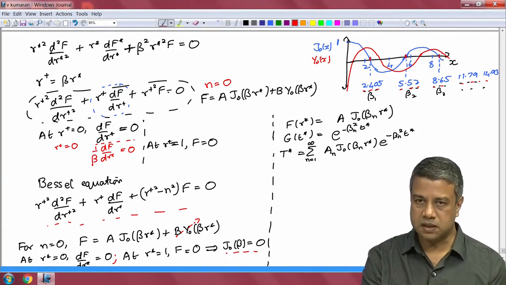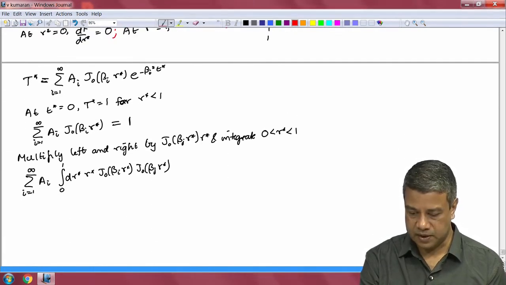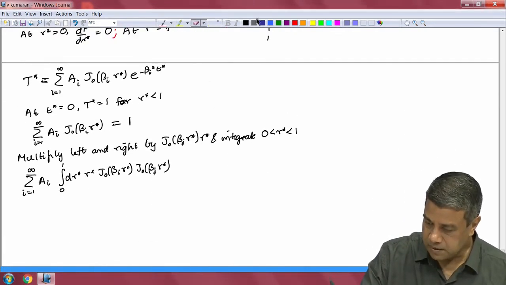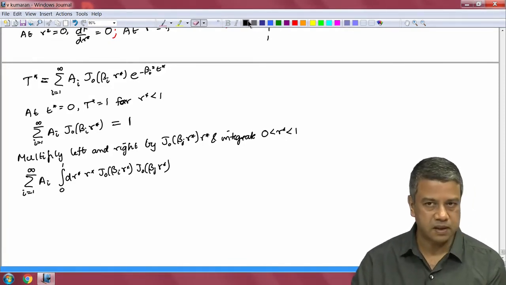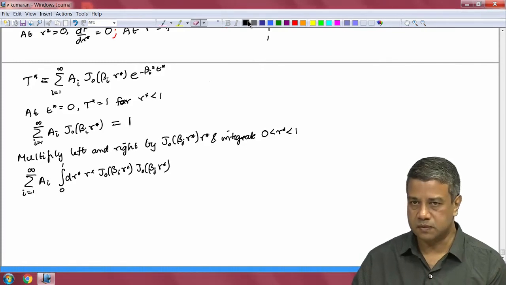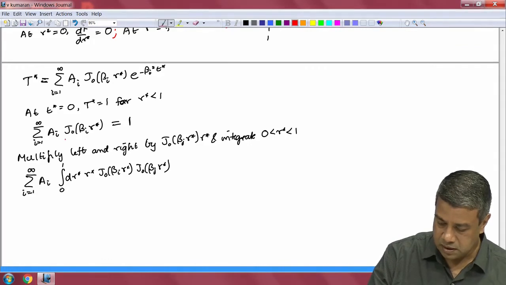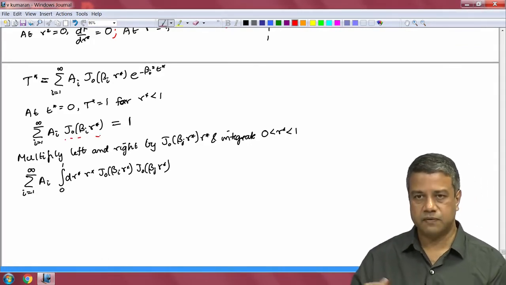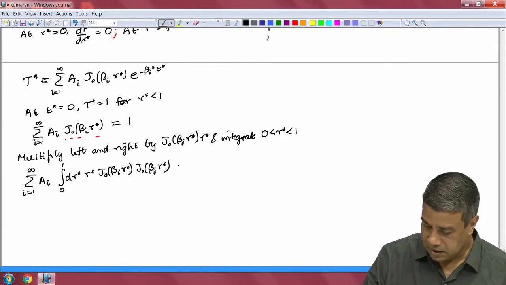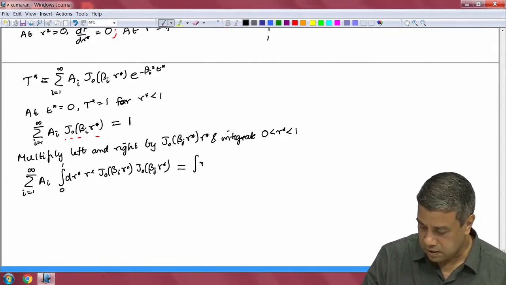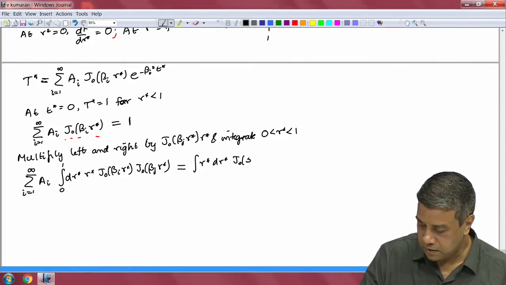Basically, I have a series of functions j naught of beta 1, j naught of beta 2, j naught of beta 3, etc., appearing within the summation, and I multiply by a second function which also passes through 0 and integrate, and my equation becomes integral r dr times j naught of beta j r.